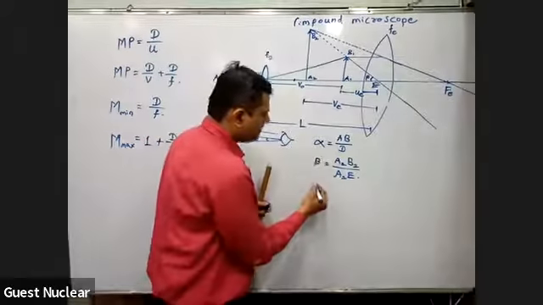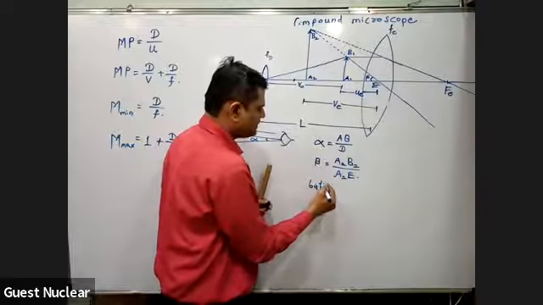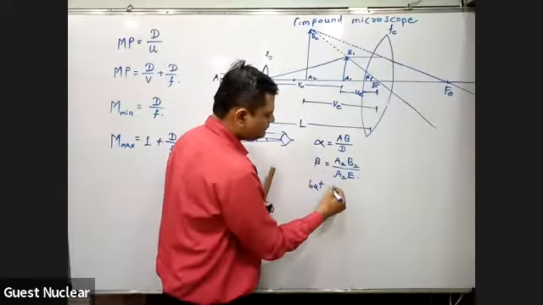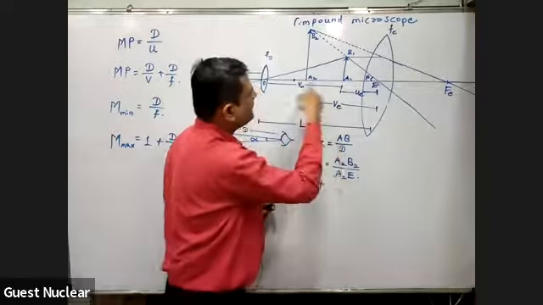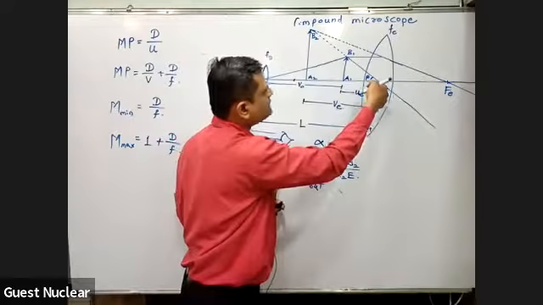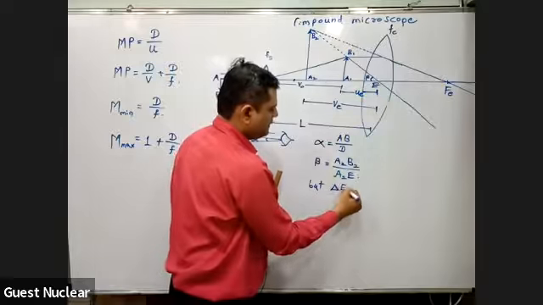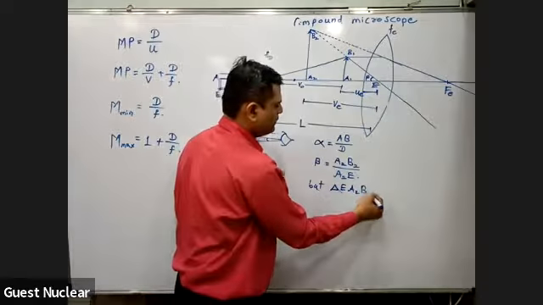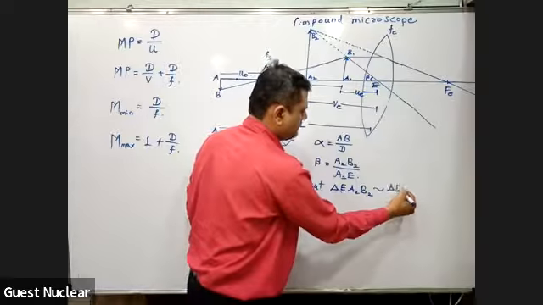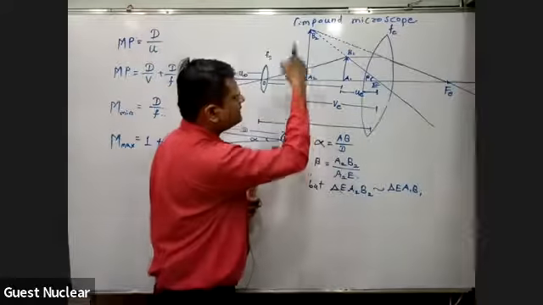Okay, but beta can be proved to be equal to something else; we can just see the similarity of the triangles. This triangle EA2B2 is going to be similar to the triangle EA1B1, and hence we can say that their sides are in proportion.